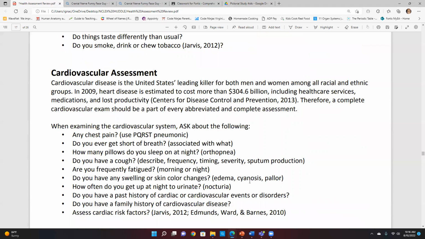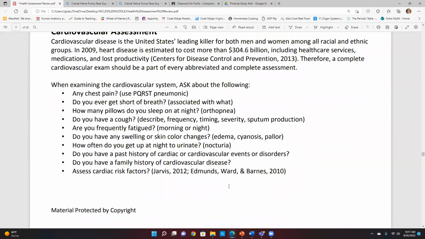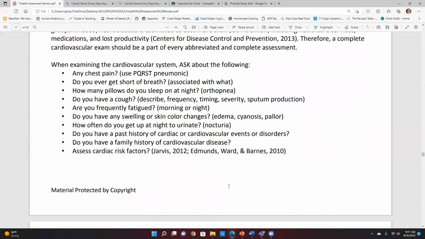Okay, so now let's jump into the cardiovascular assessment. So this is another big system. We've got to ask the patients, do they have any chest pain, shortness of breath? How many pillows do you sleep on at night? Why is that significant? You're definitely going to see that come up again. And what I want you to know is orthopneic position, orthopnea.